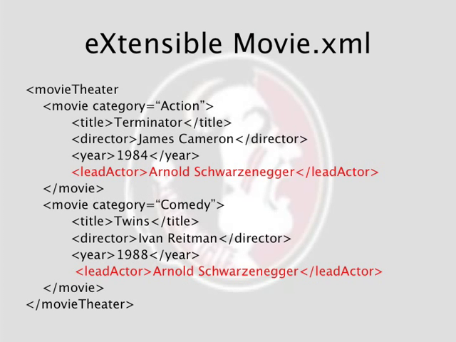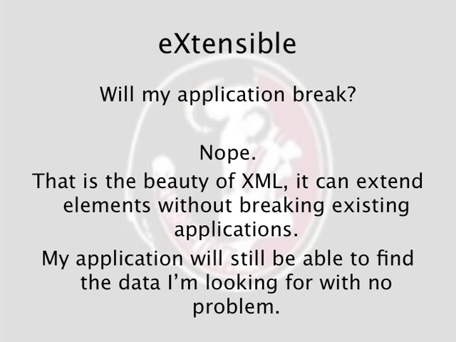You can see we added a lead actor to these two movies. So the big question is, will that break my application? There's a new element in there now. I wasn't expecting it. Does anything happen to mine? Nope. That's one of the beauties of XML. It can be extensible. You can extend elements without breaking existing applications. So my application will still be able to find the data I'm looking for, even though there's additional data there. I'll just skip over that because I'm not really looking for it.